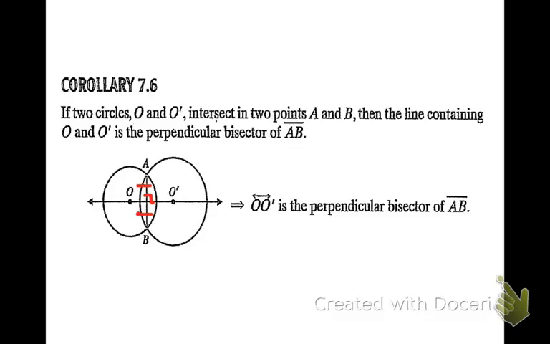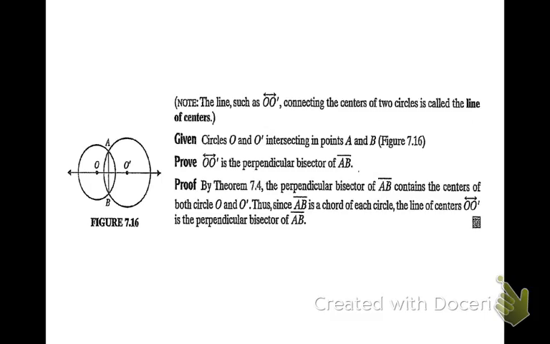We note the line such as OO prime connecting the two centers of the circles is called the line of centers because it goes through the two centers.